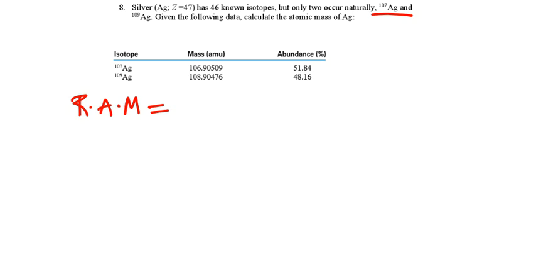So the formula is the abundance multiplied by the mass for one isotope, and for another one, the formula continues like that. In this case we only have two.